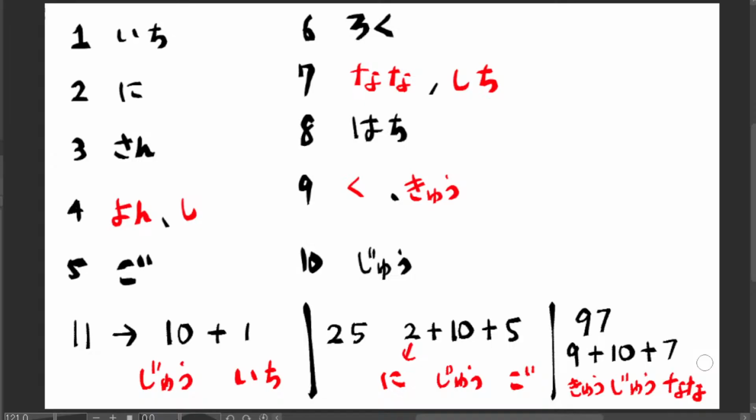Let's say 138, for example. If you want to say 100 in Japanese, you use this kanji. It reads as hyaku, which means 100.